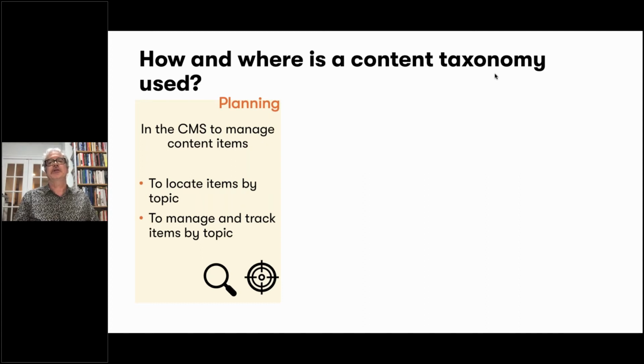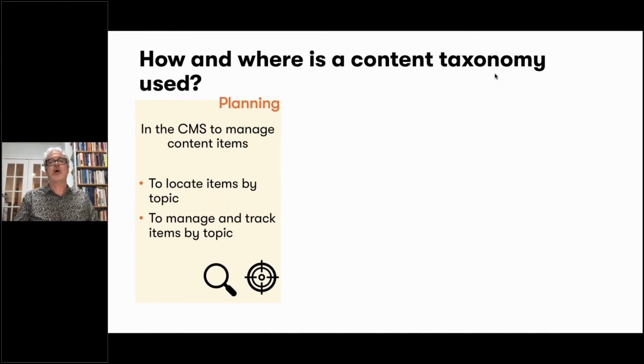They also have the ability to track items by taxonomy. So you can connect your taxonomy to your analytics and see how content is performing according to what topics it covers or who it is intended for.